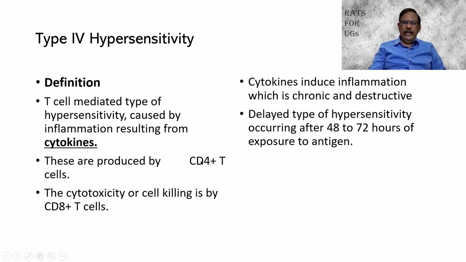They are produced by the CD4 plus type of T cells. Plus means positive T cells. The cytotoxicity or the killing of the cells is caused by CD8 cells. CD4 cells help, whereas the CD8 cells are cytotoxic cells.